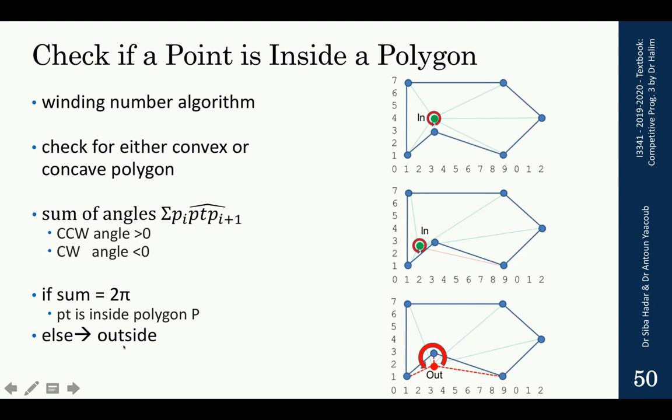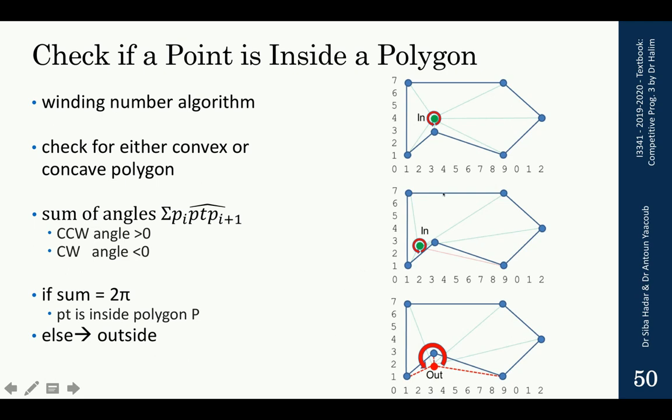Why do we do this? We do this because we know that the angle also has a sign. If the angle is for given points that are counterclockwise, it will be positive, and if it is given in clockwise direction, the angle will be negative.